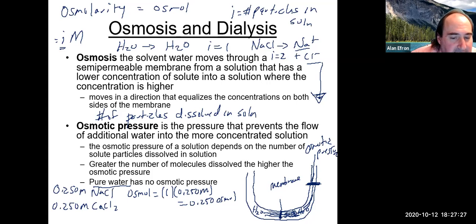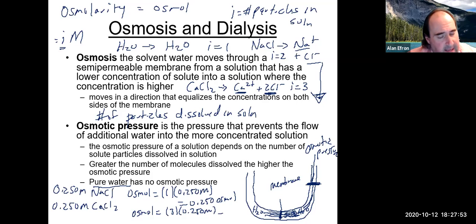But when calcium chloride breaks apart, it breaks apart into a calcium ion and 2 chloride ions. That's a grand total of 3 ions on the product side, and that would mean i would equal 3. So if we did the same calculation for calcium chloride, we would take 3 times 0.25 molar, and that would get us 0.75 osmolarity.